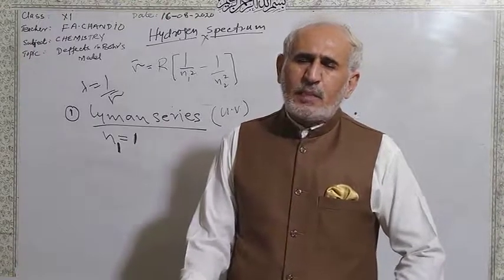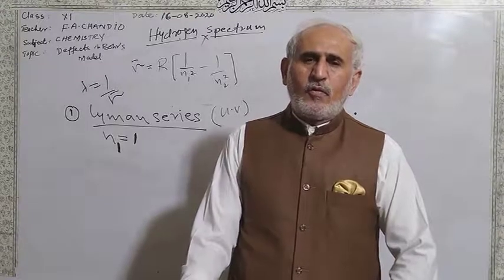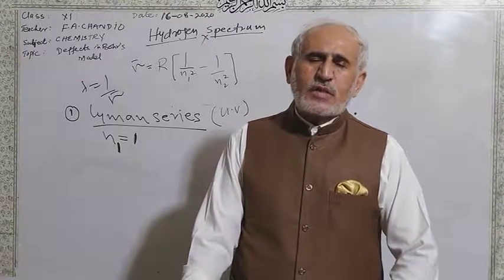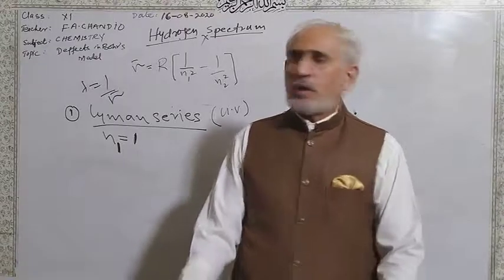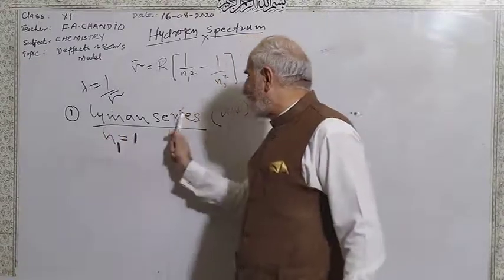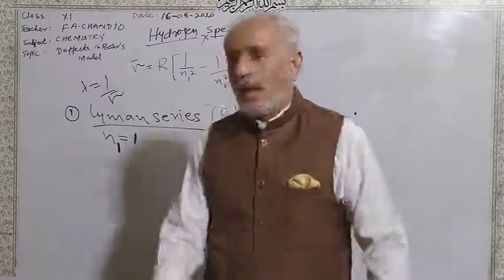Dear students, you must remember, don't mistake. If it starts from orbit number 1, n1 is equal to 1, so it is called the Lyman series, meaning ultraviolet region.